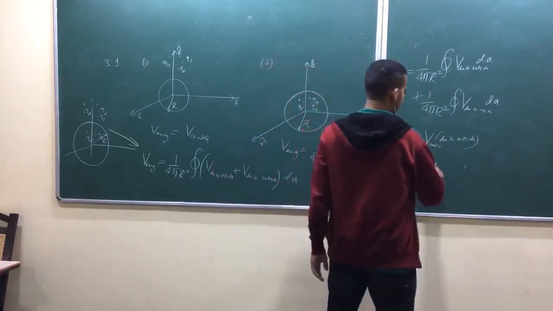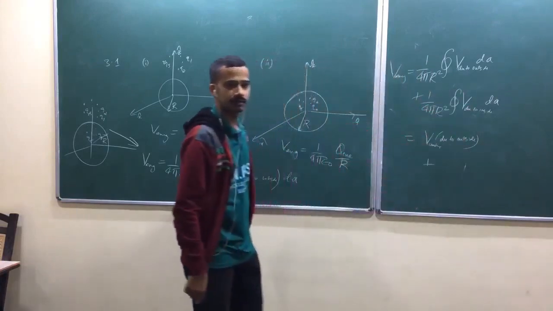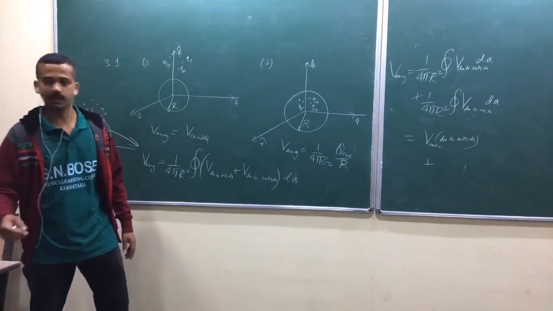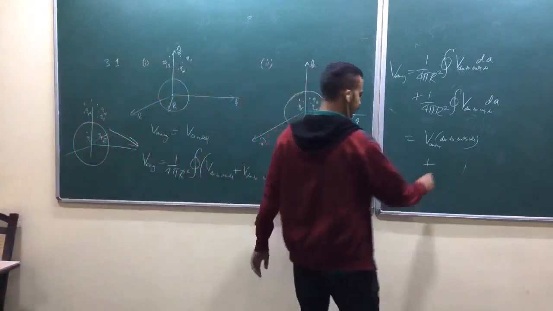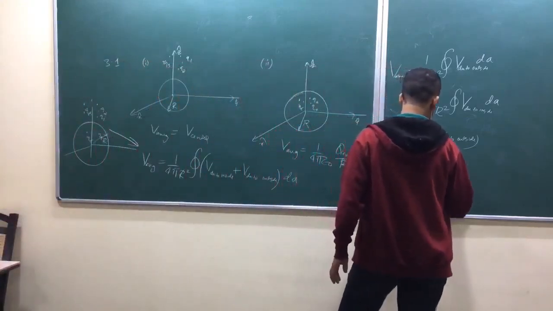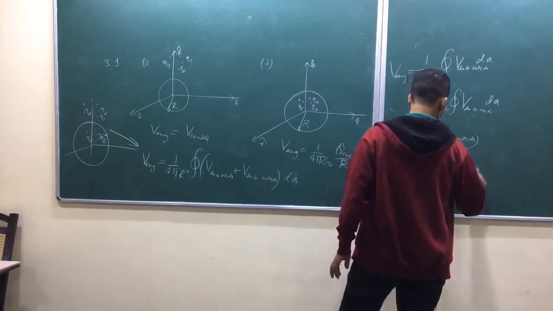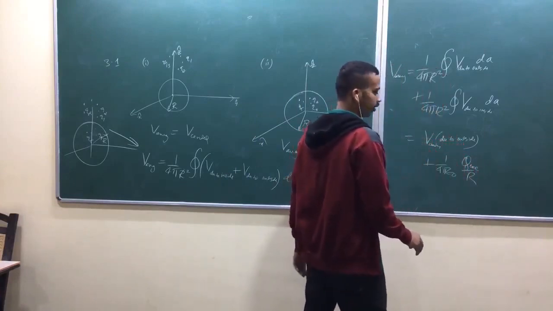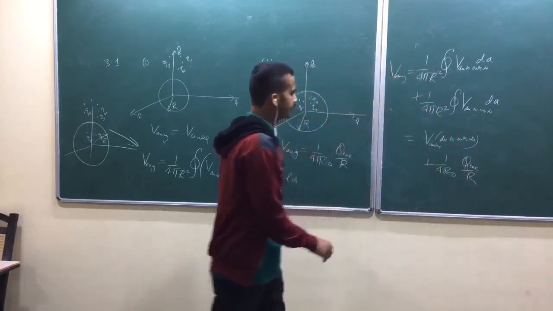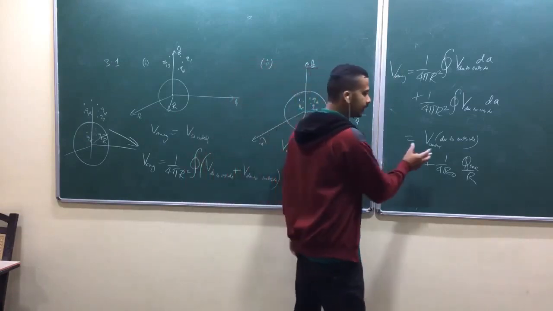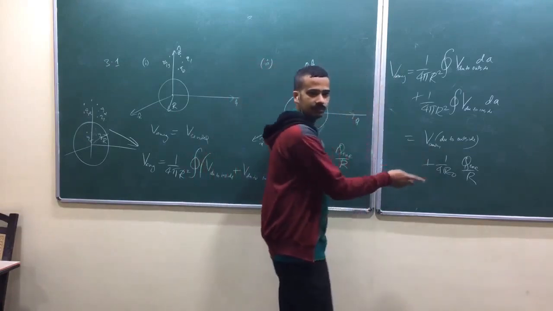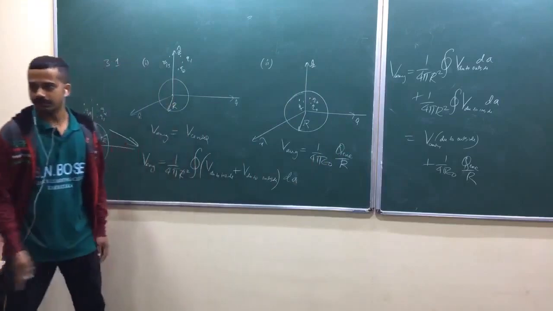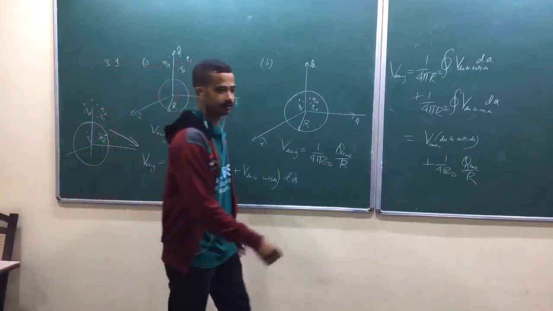Plus, what is this one? This will give a constant. The average of the potential due to inside charges will be this one: 1 by 4 pi epsilon naught Q enclosed by capital R, R square R. That's what he has written. Then he mentioned V center is due to outside charges. That was his next sentence.